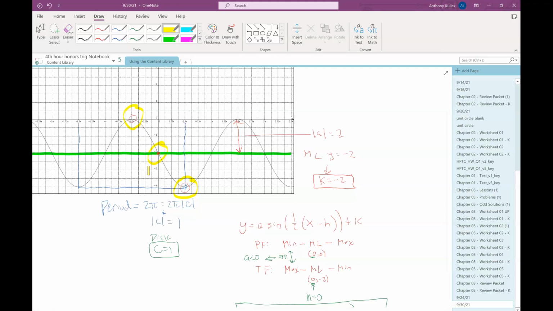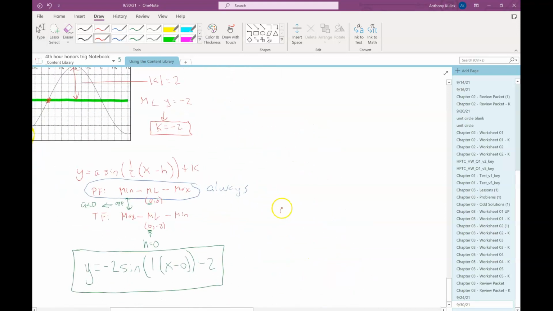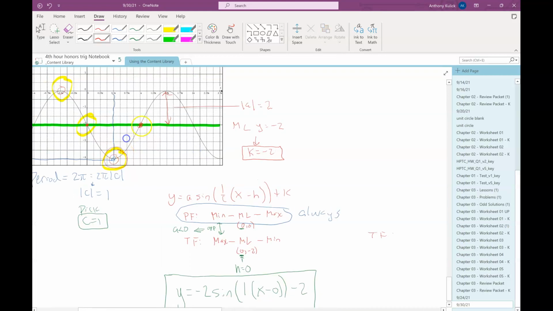Okay, so this order for the parent function is always the same for sine. The order for the transform function will be different, and it could have even been different if I had picked a different point. Like what if I had used pi, -2 instead? If I use pi, -2, we have a minimum, midline point, maximum.